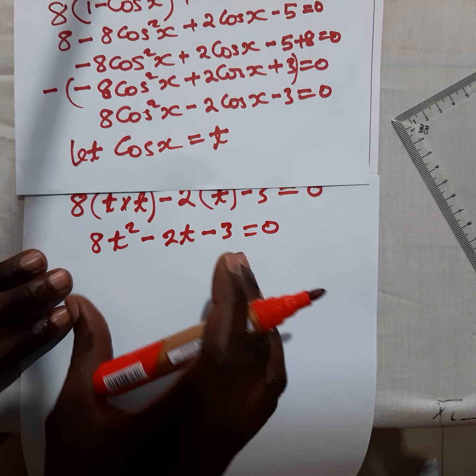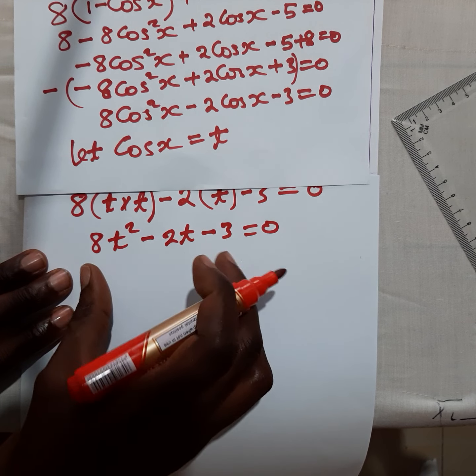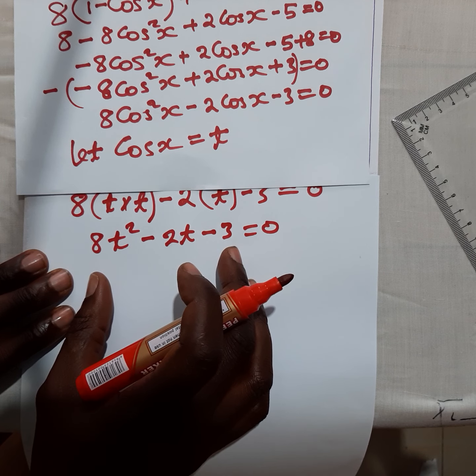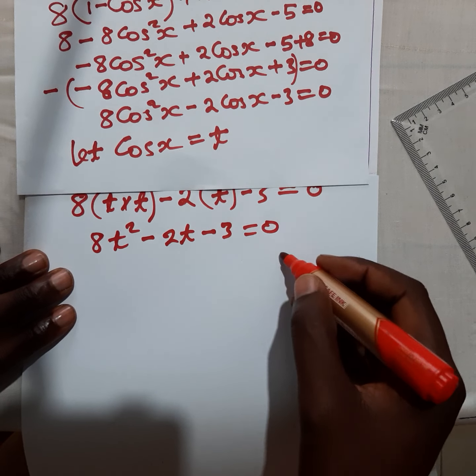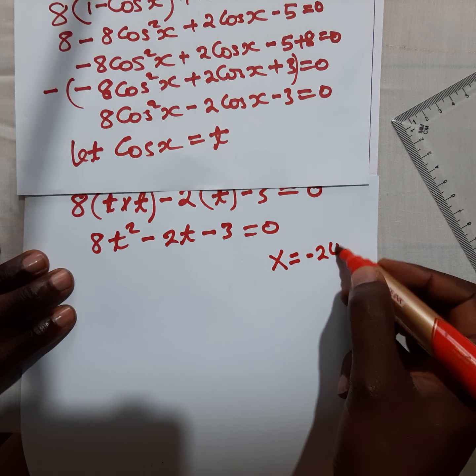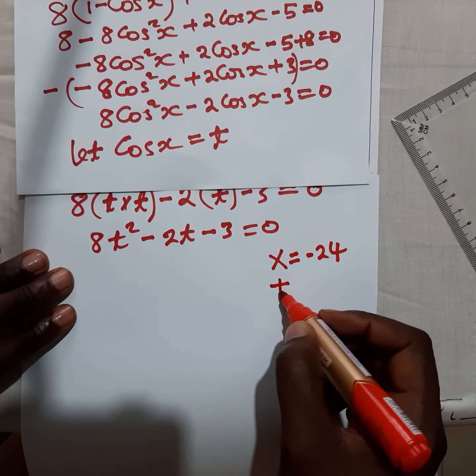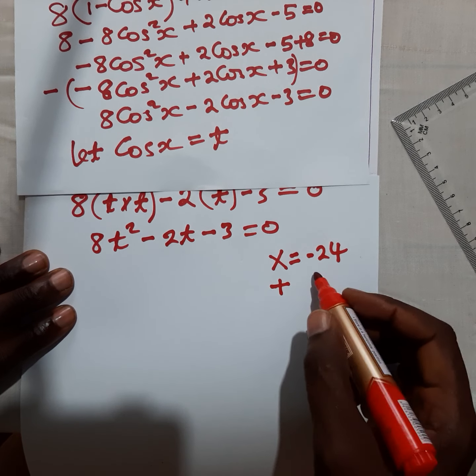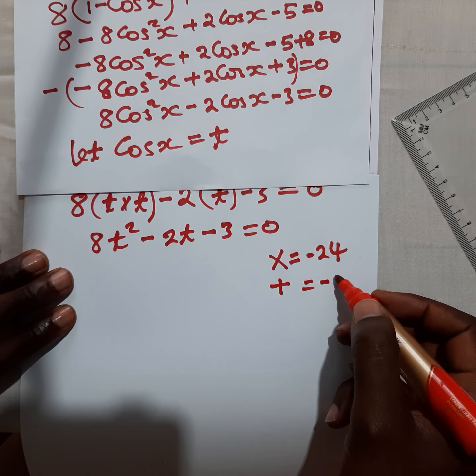We need two numbers which multiply to give 8 times negative 3, which is negative 24, and which add to give the coefficient of t, which is negative 2.